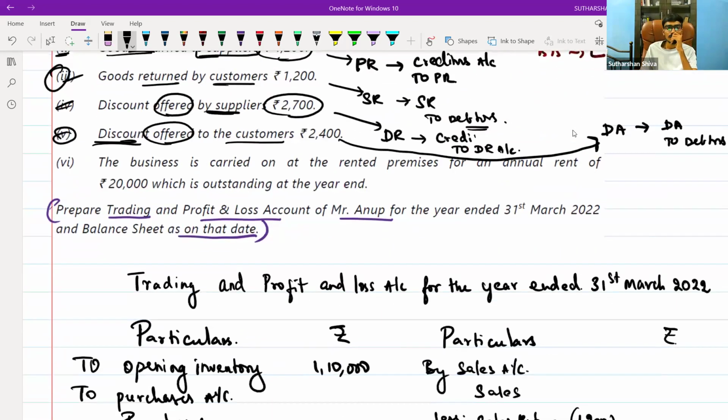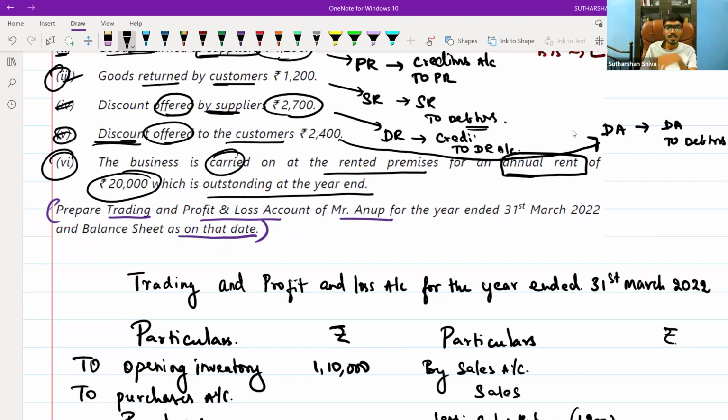No. The last one: the business is carried on at rented premises for an annual rent of 20,000, which was outstanding in the year. As per the accrual concept, I need to show it in my P&L and in my balance sheet on the liability side.